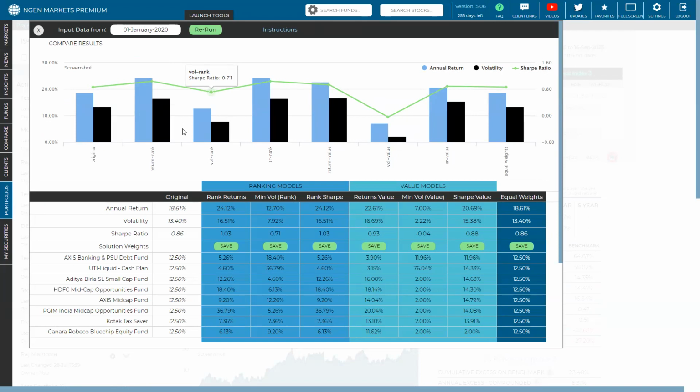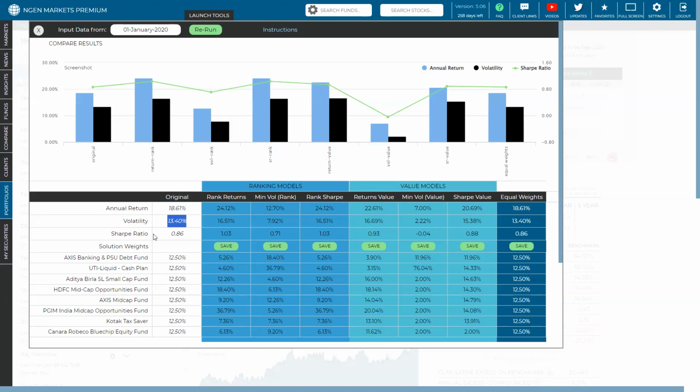Okay, so let's first focus on the first column itself, which is the original allocation in the portfolio. With the original allocation in the portfolio, 12.5% each, as you can see, the original portfolio return is 18.61%, with the original volatility, meaning the standard deviation, of 13.40%.